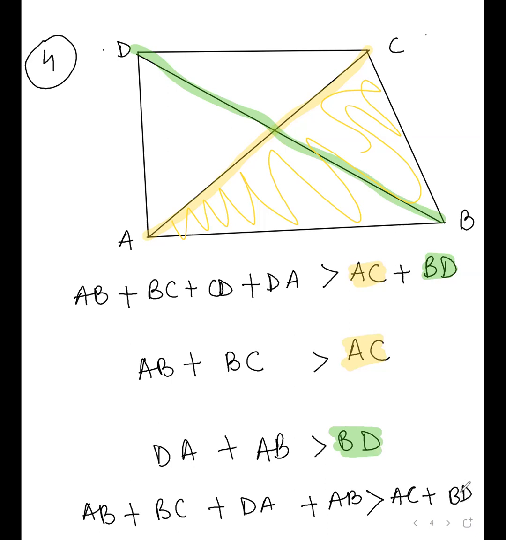But is it the same as what we wanted in our question? No. No, it's not. Why? Because in our question, we have AB plus BC plus CD plus DA. So we have AB, we have BC, we have DA, but we don't have CD. Instead of that, we have a double AB. Okay, so this one is going to be no. It's not the same.